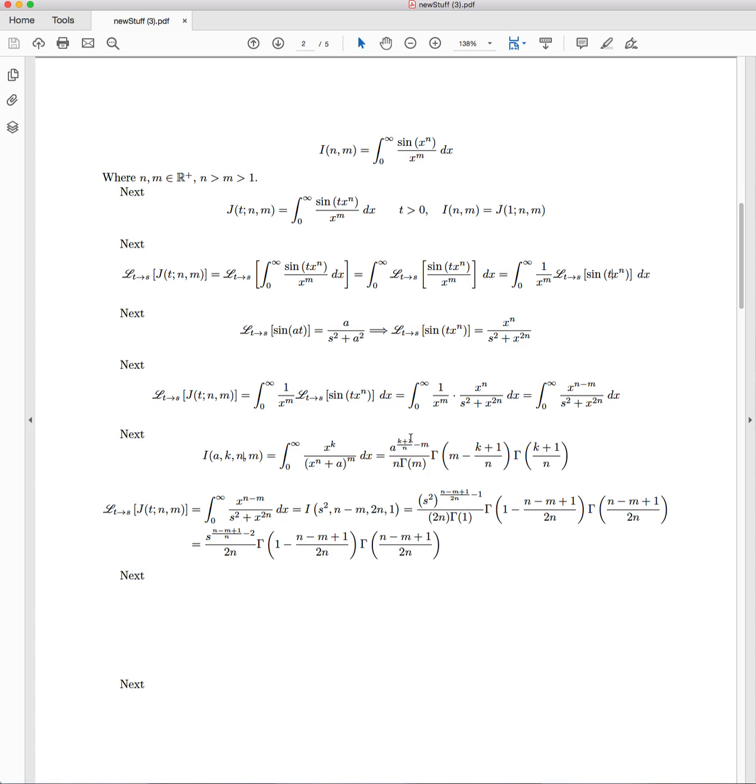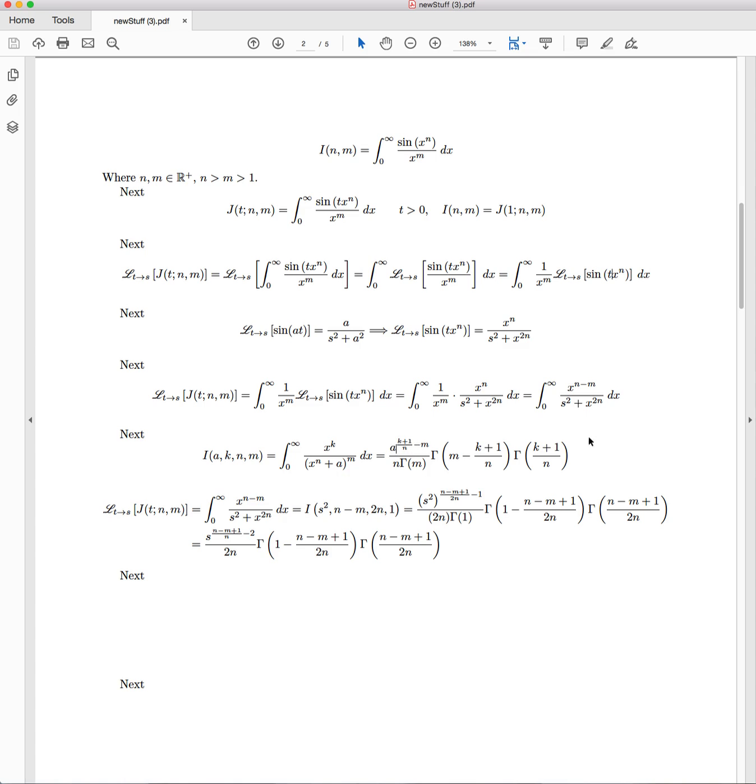A to the power of (k plus 1) over n minus m over n, gamma of n times gamma of m minus (k plus 1) over n times gamma of (k plus 1) over n. So this might look a little bit nasty and complicated, but in this situation it's actually beautiful because it isolates out the a term on its own, and that will prove to be very powerful in the next step.